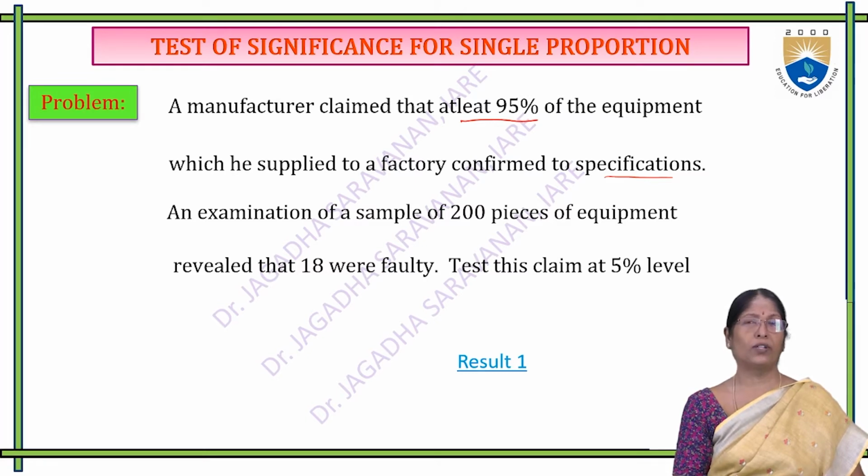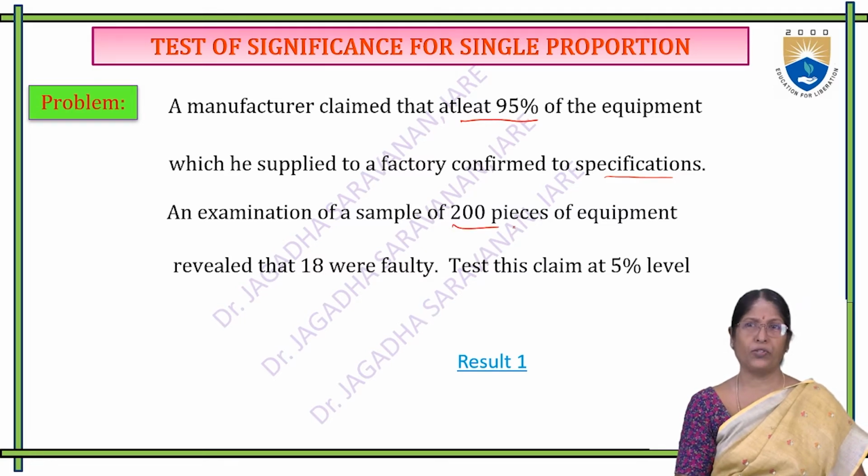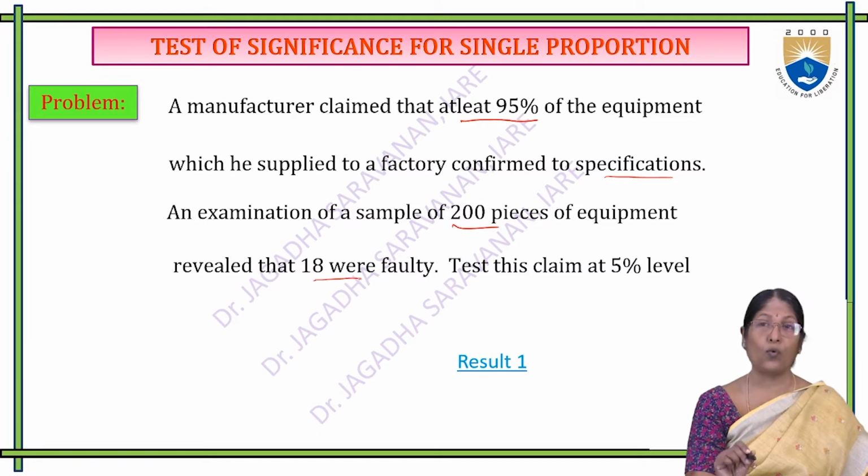This is the information given about the population parameter. To check whether it is correct or not, we have taken 200 pieces. Out of 200 pieces, we found that 18 were faulty.